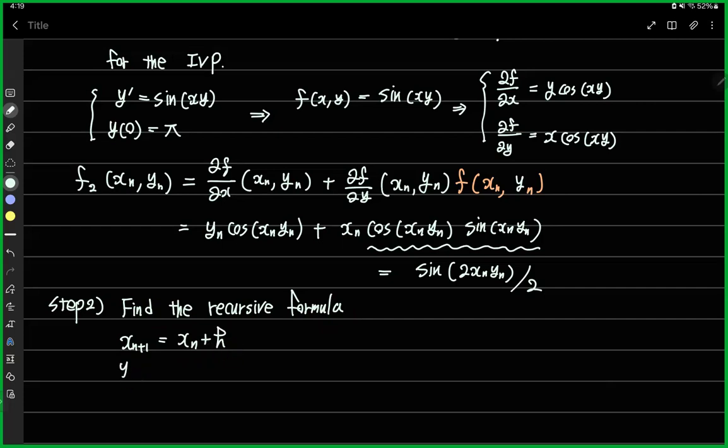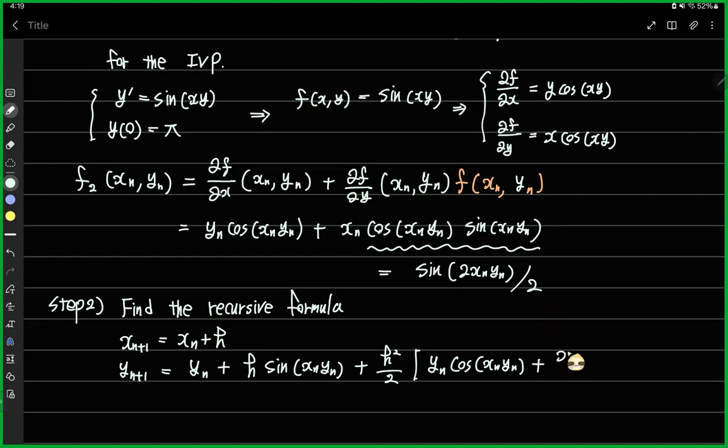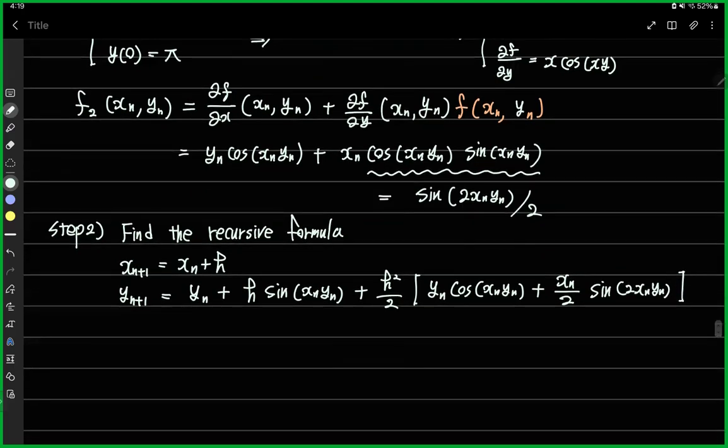And then y sub n plus 1 is equal to y sub n plus h times sine x sub n y sub n, and then plus h squared over 2 times y sub n times cosine x sub n y sub n, and then plus, I'm just copying that, x sub n over 2 times sine 2 x sub n y sub n. I think we got the recursive formula.